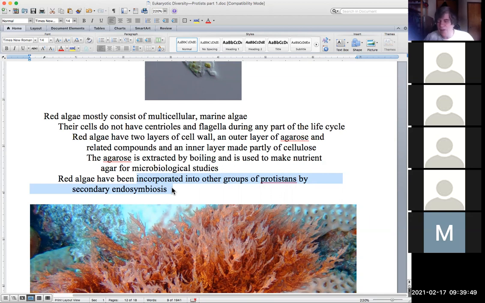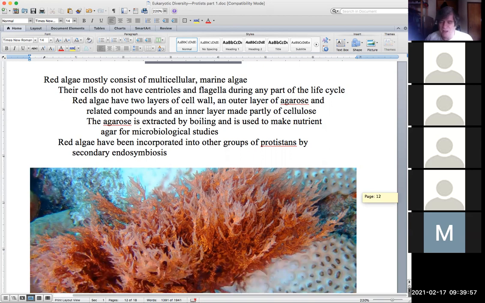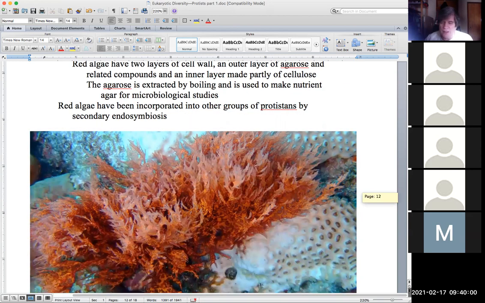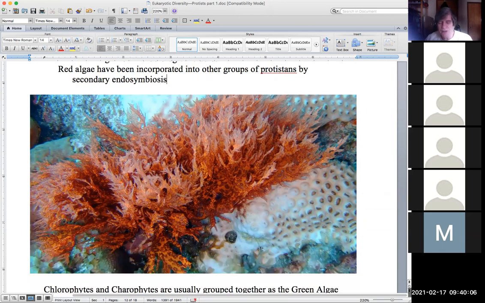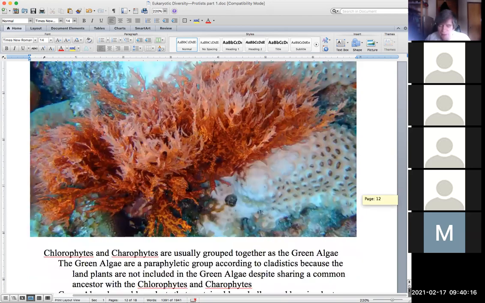Secondary endosymbiosis, we mentioned, is when another eukaryotic cell engulfs a eukaryotic cell that already has this bacteria incorporated into it as a chloroplast. Now, when we look at the red algae, a lot of times they're described as looking kind of like small evergreen bushes or small pieces of cabbage, but they are multicellular.